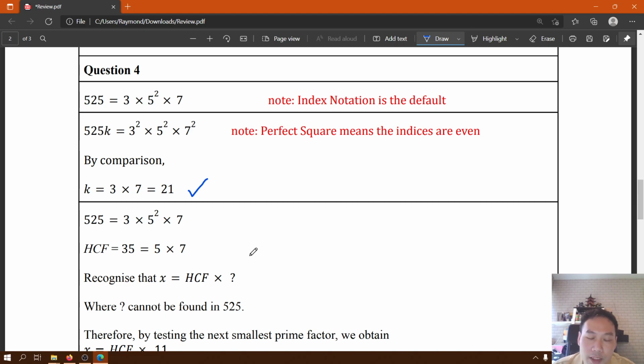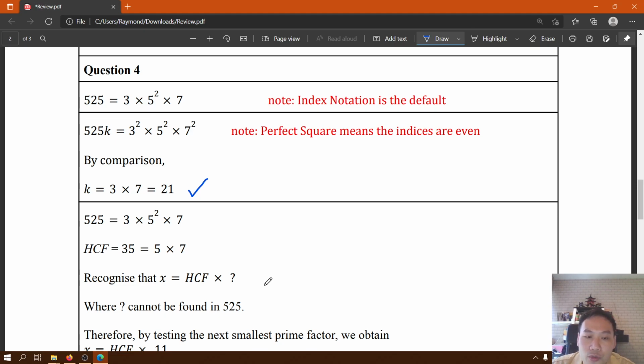So what this means is that 35 multiplied by a certain multiplier should give us 525. 35 multiplied by a certain multiplier should also give us x. But we can't just randomly choose a number to multiply with the highest common factor to get x, right? There are some other things we need to consider.